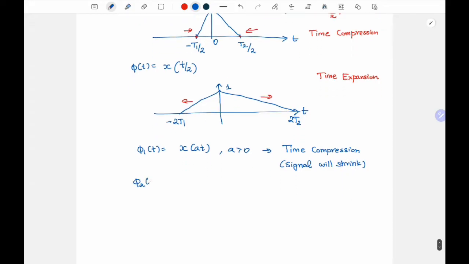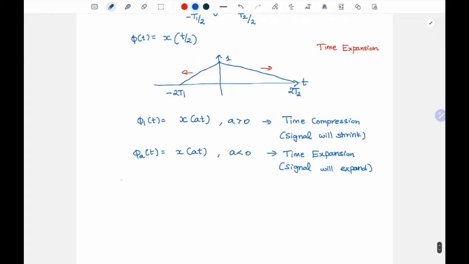And phi2 of t is equal to x of at, if a is less than 0, then it is time expansion, and the signal will expand. In both these cases, the origin remains unchanged.